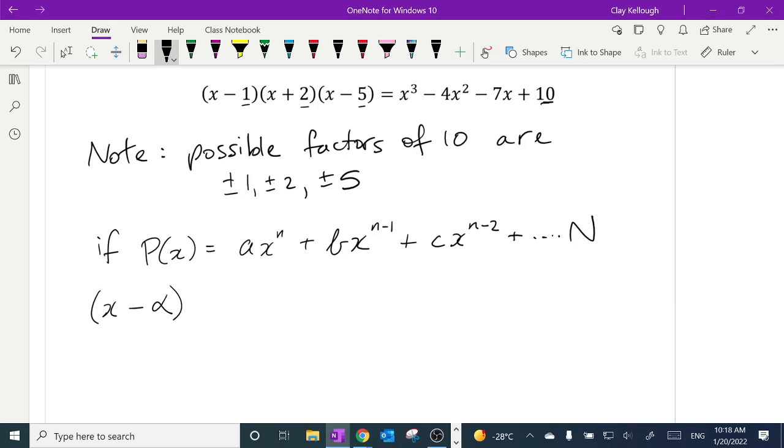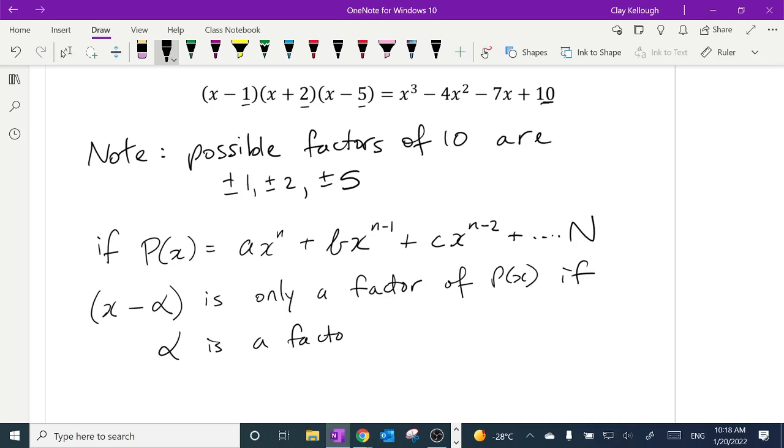I don't know what the word for that is. Binomial is 2, trinomial is 3, quadrinomial, pentanomial, what's the word for 27? I don't think there is one. X minus alpha is only a factor of p of x if alpha is a factor of n.